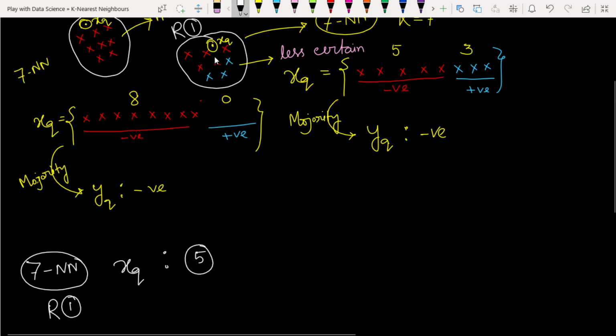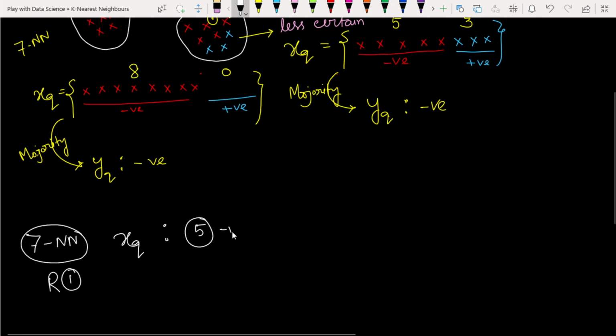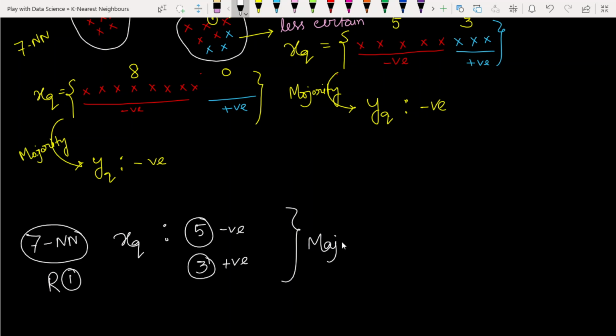There are 5 negative points, and positive points are 3. Based on the majority vote, we have concluded that our output for Q will be negative by simply using the majority vote.